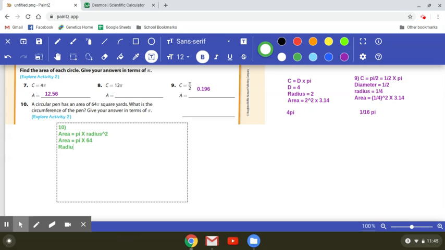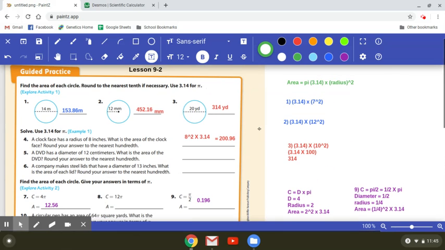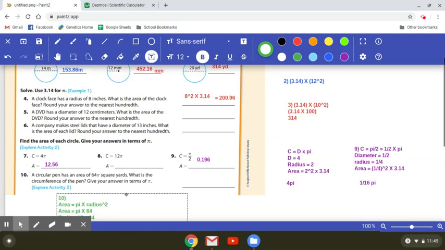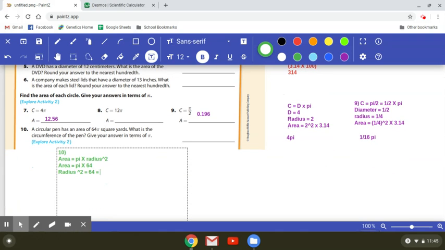We have to figure out what times what, two numbers that are the same, makes 64. We actually saw it right here when we did that math. So 64 is equal to 8 times 8. So that means that if we want to take just the radius, the radius is equal to 8.